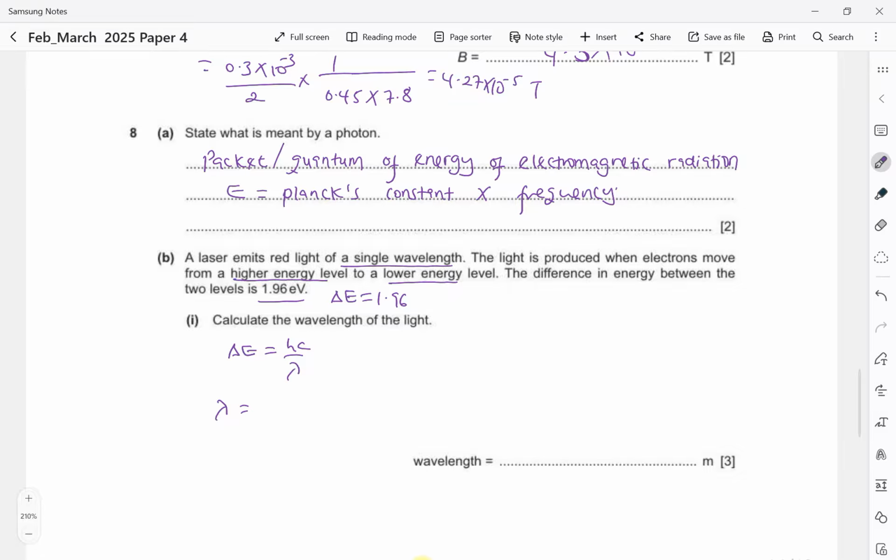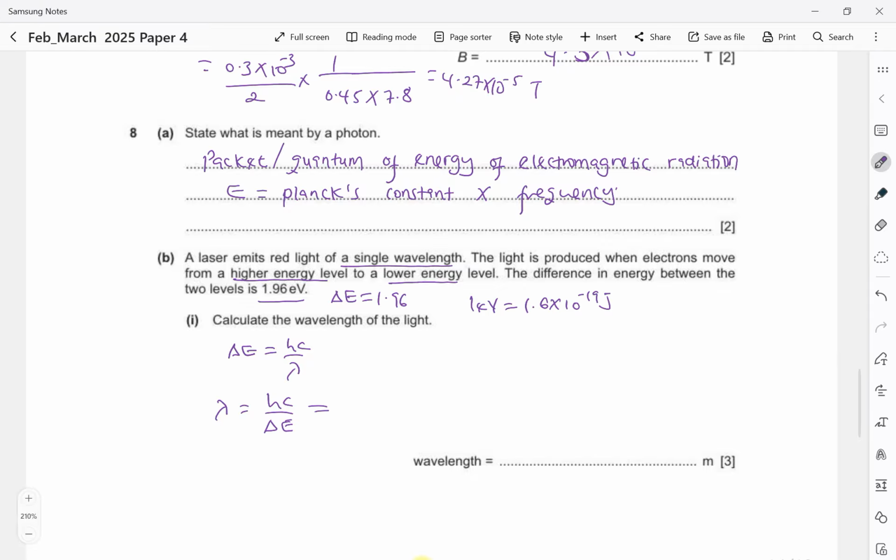Or the wavelength is going to be equal to hc divided by the change in the energy. Of course, we know that 1 electron volt is 1.6 times 10 to the power of negative 19 joules.